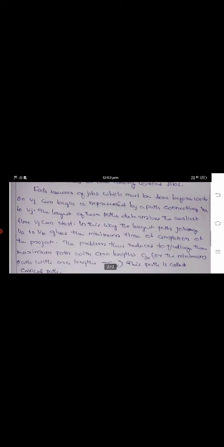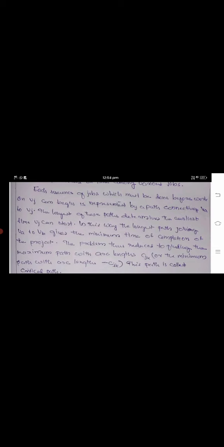Okay, each sequence of jobs which must be done before work on VJ can begin is represented by a path connecting VA to VJ. The longest of these paths determines the earliest time VJ can start.